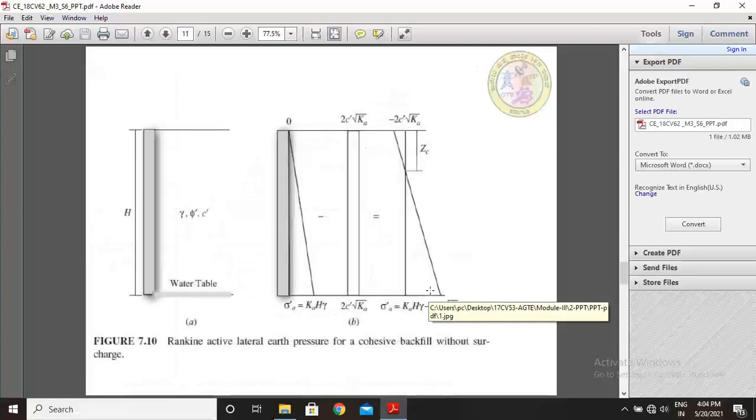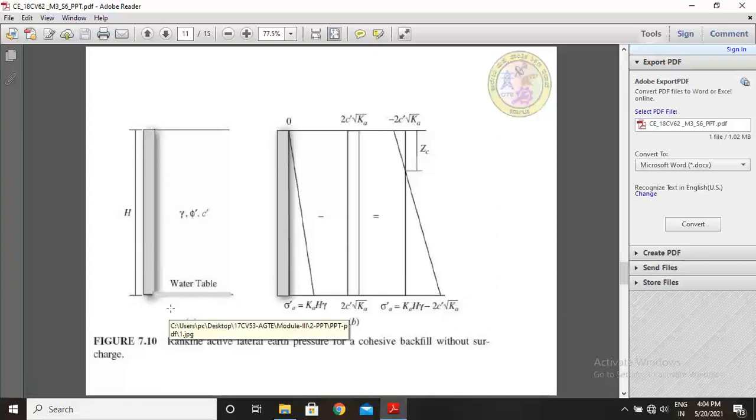This is Rankine's active lateral earth pressure for a cohesive backfill without surcharge. This is the height of the retaining wall, with the water table at the base. These are the backfill properties. Now we are plotting the pressure distribution diagram based on Rankine's lateral active earth pressure.